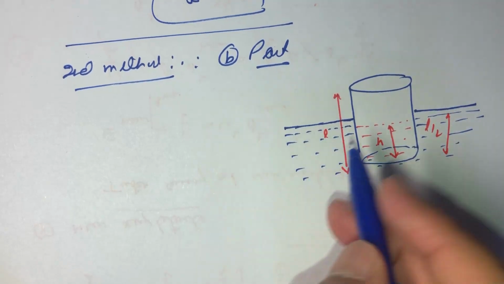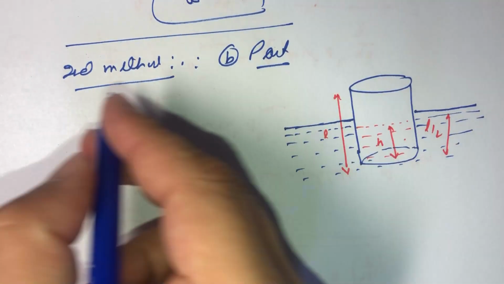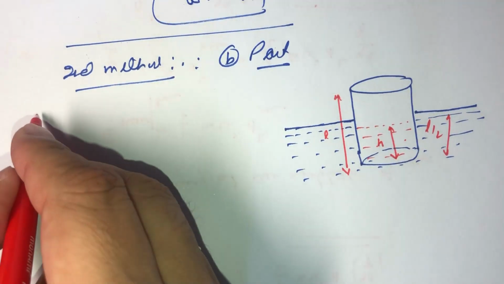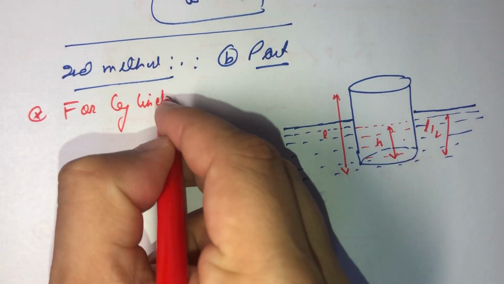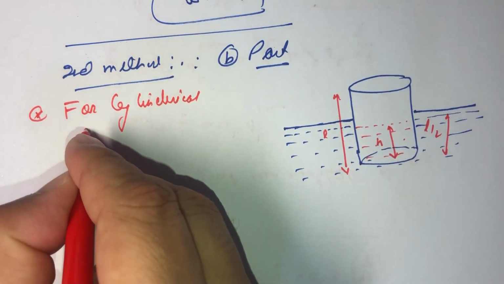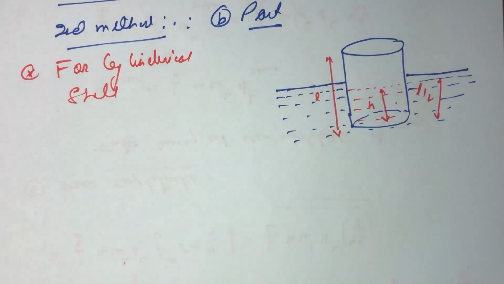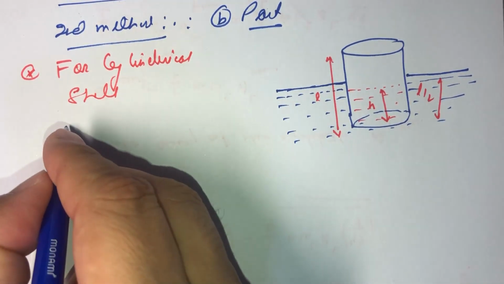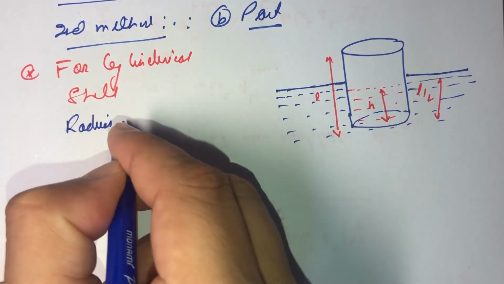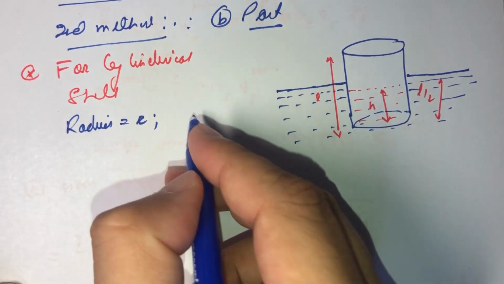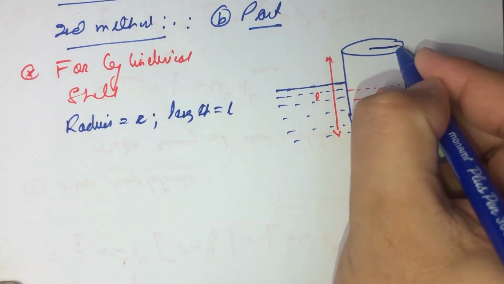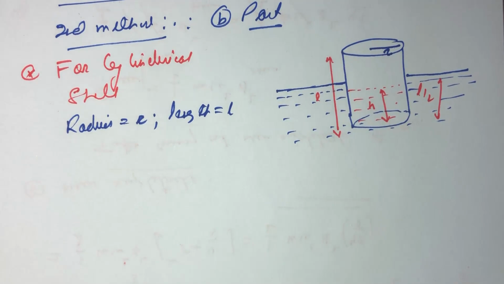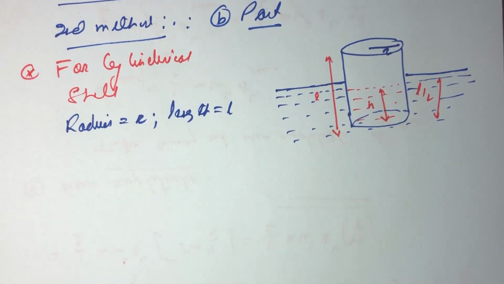So we assume that for a cylindrical shell, the radius is small r and the length is equal to L. The density of the material of the shell is rho.